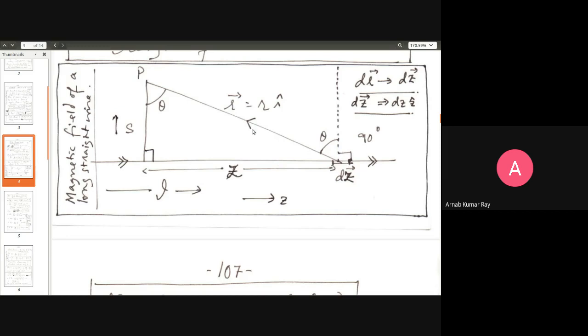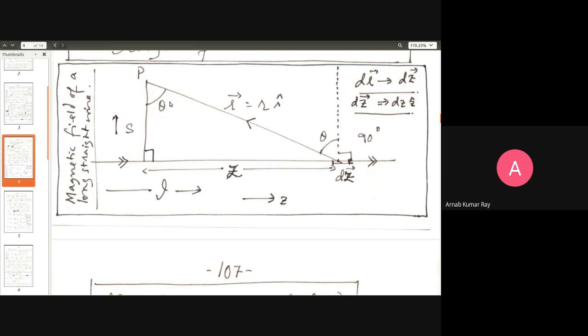When this thing goes to infinity, the hypotenuse and this thing will become two parallel lines. And this angle will become 90 degrees on the positive side. Starting from here, going all this way, this angle will become 90 degrees. And starting from here, likewise, going all the way to the negative end, this angle will become 90 degrees.